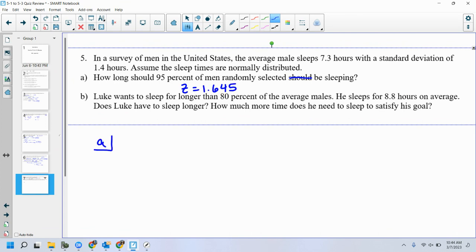I'm going to put the work down here. This is in your formula sheet as well. Transforming a z-score to an x value: X is equal to mu plus z sigma. So my x value is going to be mu 7.3 plus z 1.645 times sigma, which is 1.4.